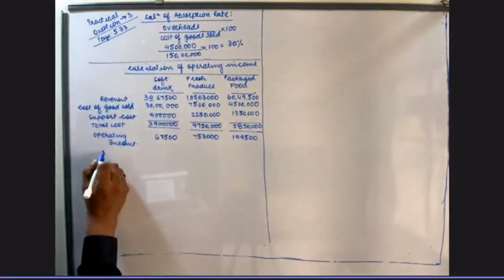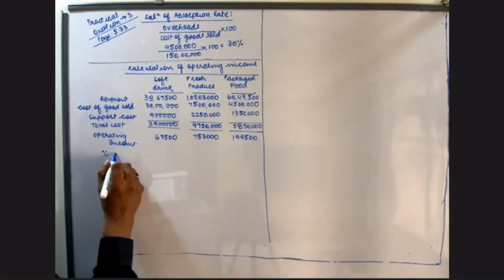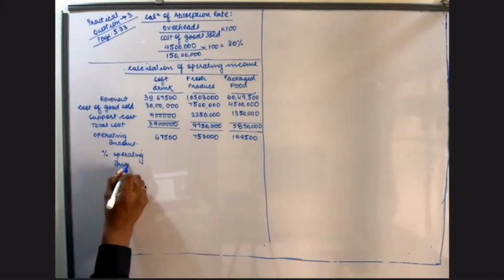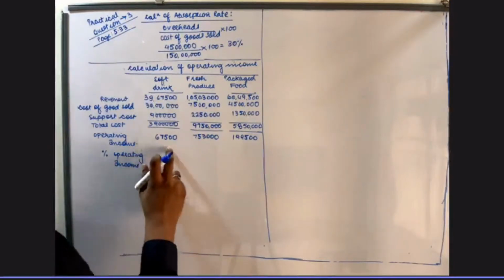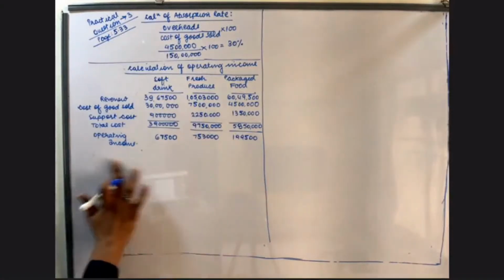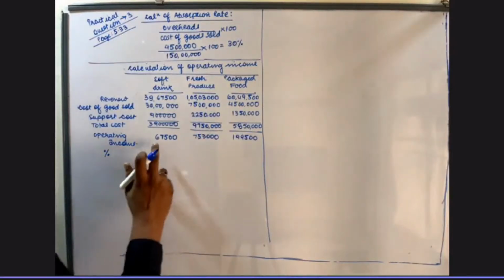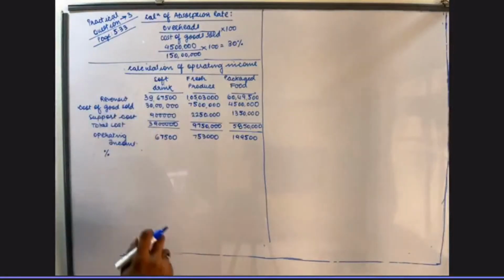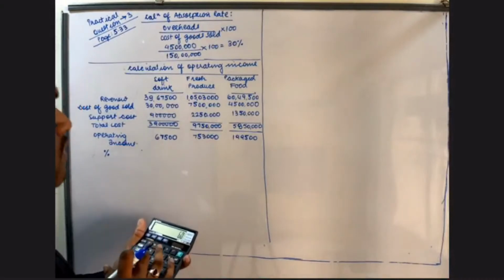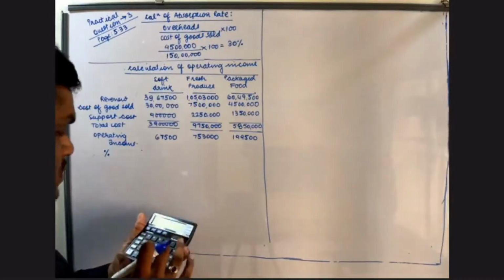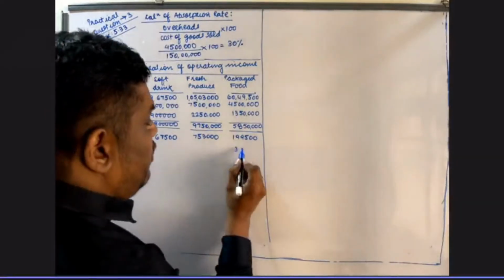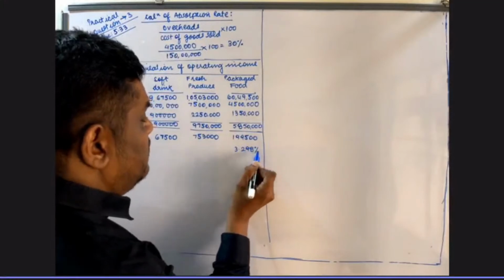So percentage of operating income. When talking about percentage, they are talking percentage on sales. So 67,500 divided by 39,67,500. So this is 3.298%.